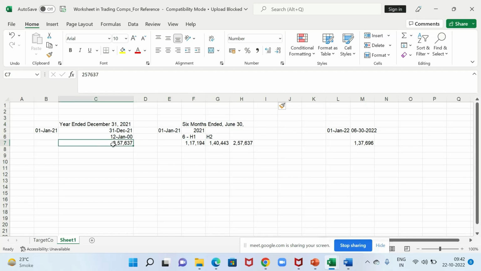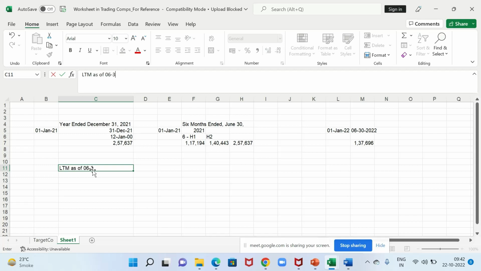So that means this is a part of this. Now I have to compute LTM as of 06/30/22. So what do I have? I have the full year number, which is this.